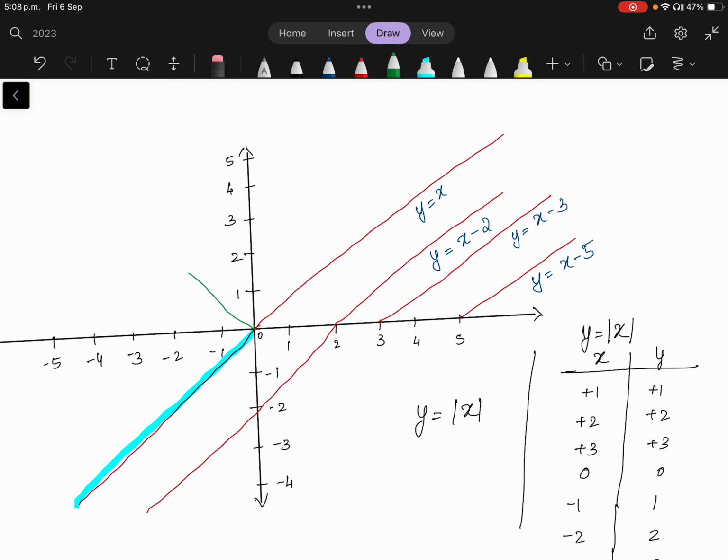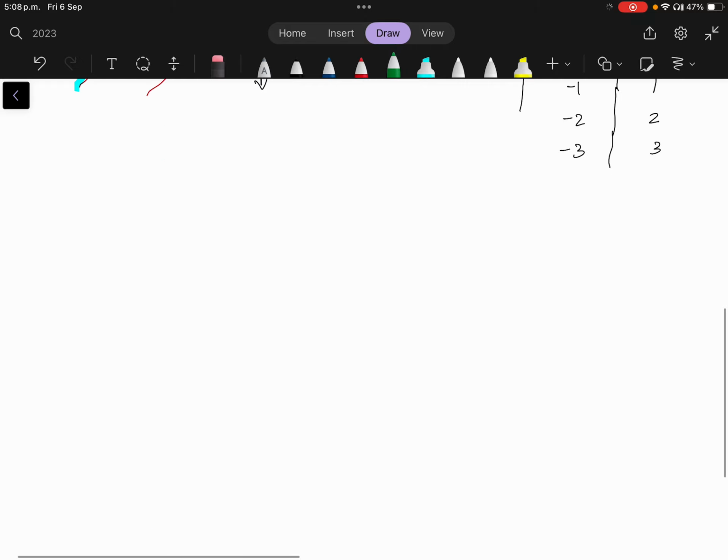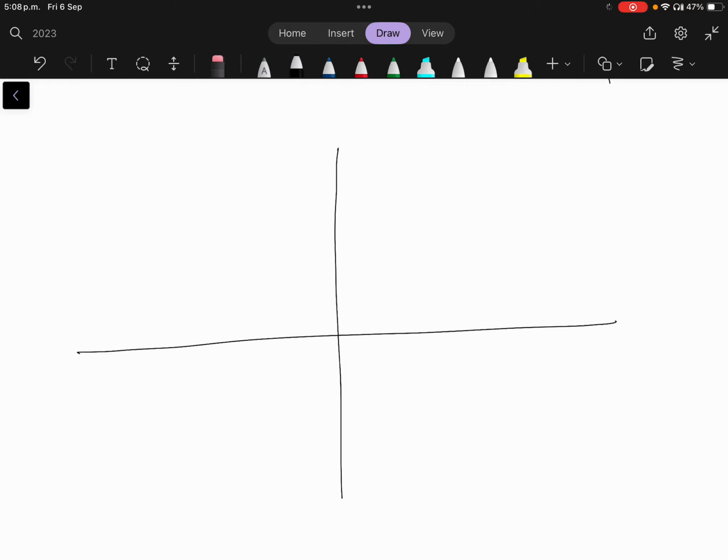I will just quickly explain once again here. This is the coordinate plane, and this is the line y is equal to x. But when it comes to y is equal to modulus of x, if you need to draw this one, you need to remove this.